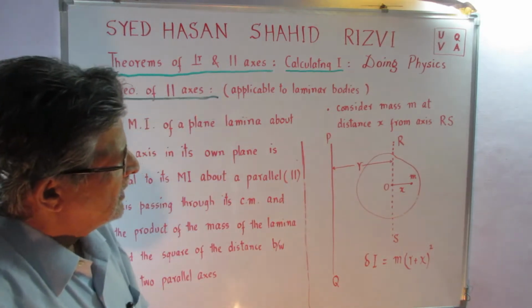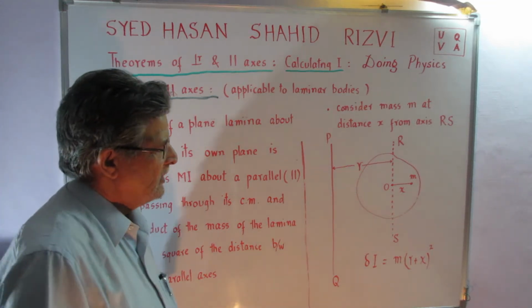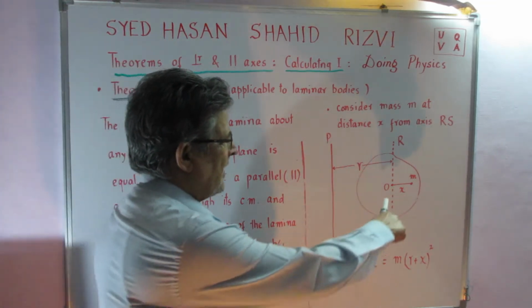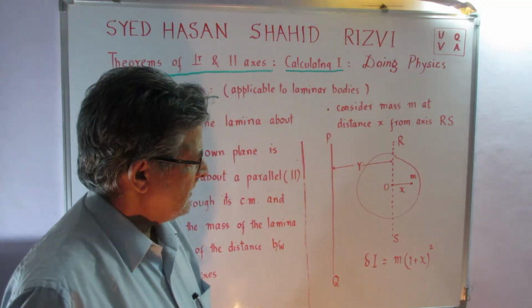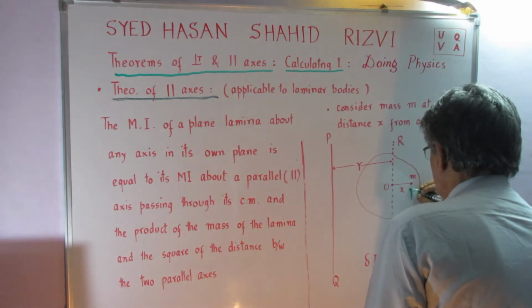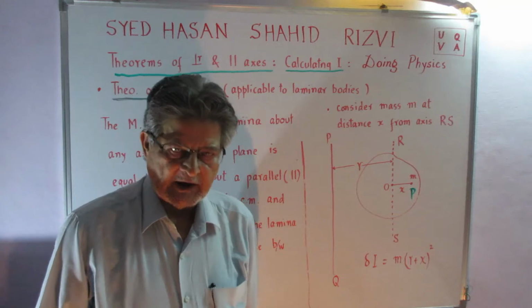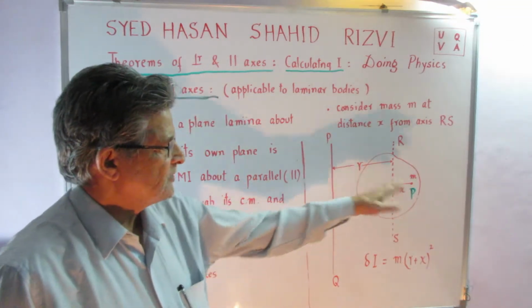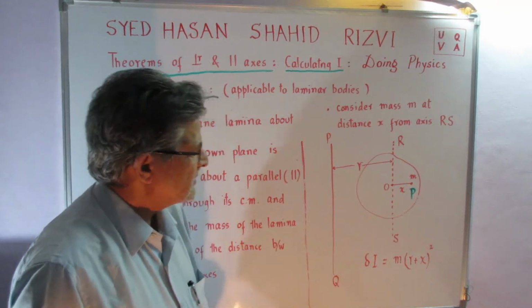And then to prove this theorem, I take a mass m at any point P, which is at a distance of say x from the axis Rs. It could be on this side or that side, but I am just taking it like that.